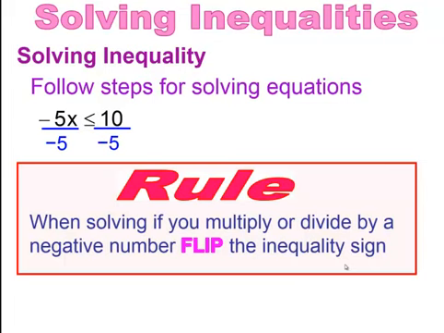And because in my last step I'm dividing by a negative, that's going to make the inequality symbol flip. So when you divide through or multiply by a negative number to solve the inequality, you're going to need to flip the inequality symbol in your solution. So in this example, my solution would be x is greater than or equal to -2.